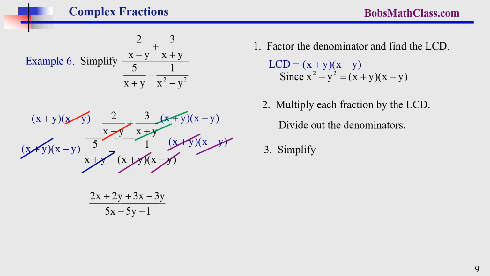On the bottom, 5x minus 5y minus 1. We could add some like terms on the top. The 2x and 3x will give you 5x, and then the y's, 2y and negative 3y will give you negative y. So there's your answer.